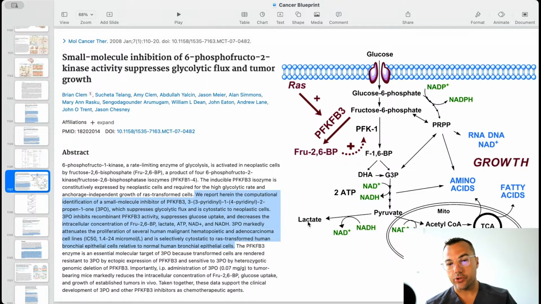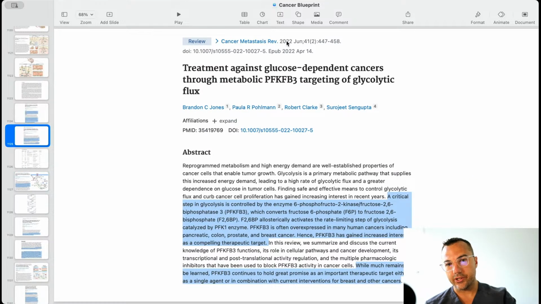As we'll see, there are also natural inhibitors that have an effect here. But despite how bullish this 2022 paper is, saying this holds great promise as an important therapeutic target, still it's not in production or in any standard of care at this point.